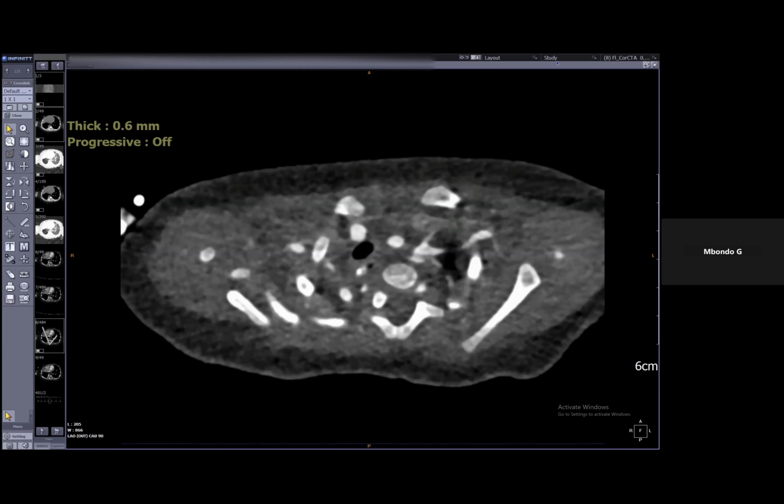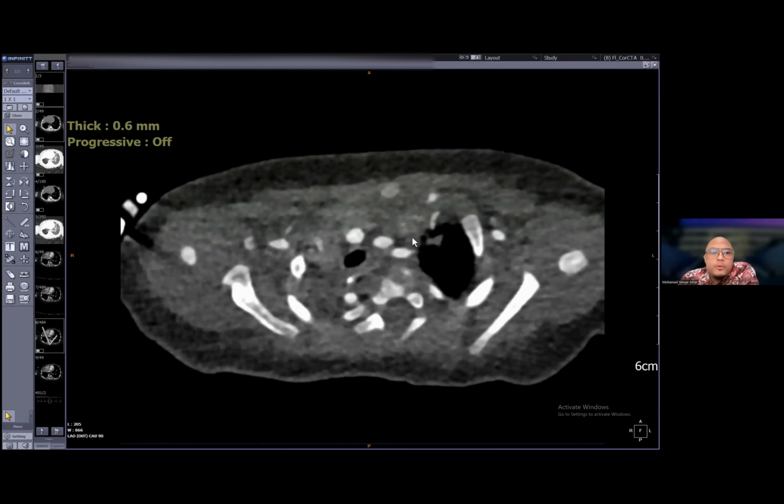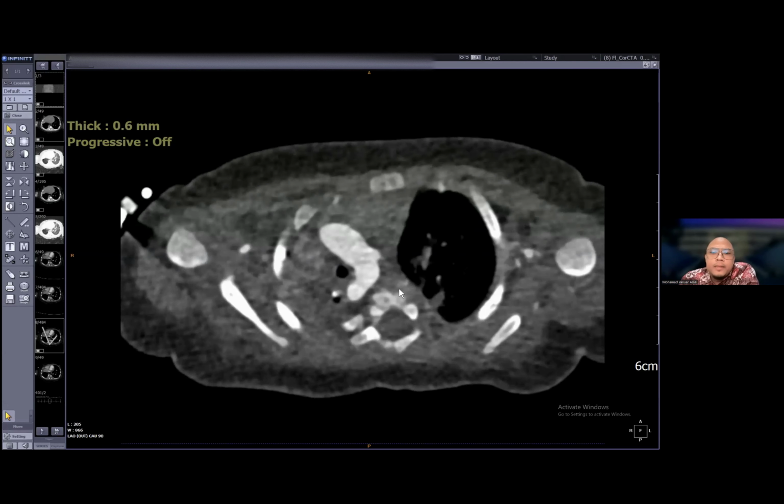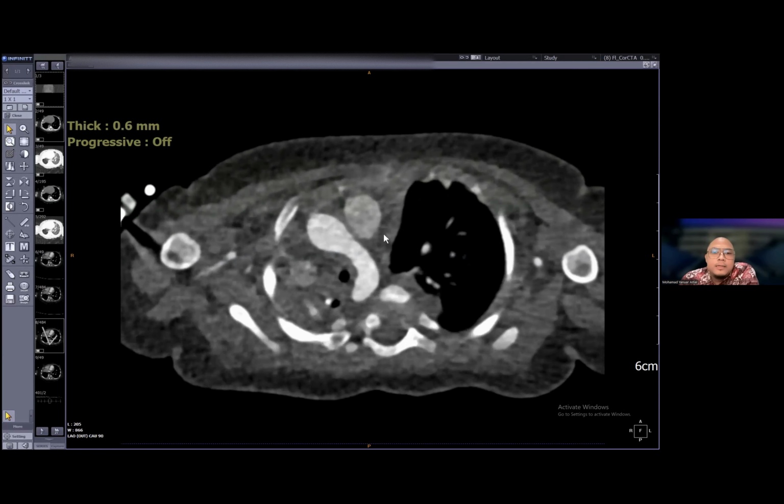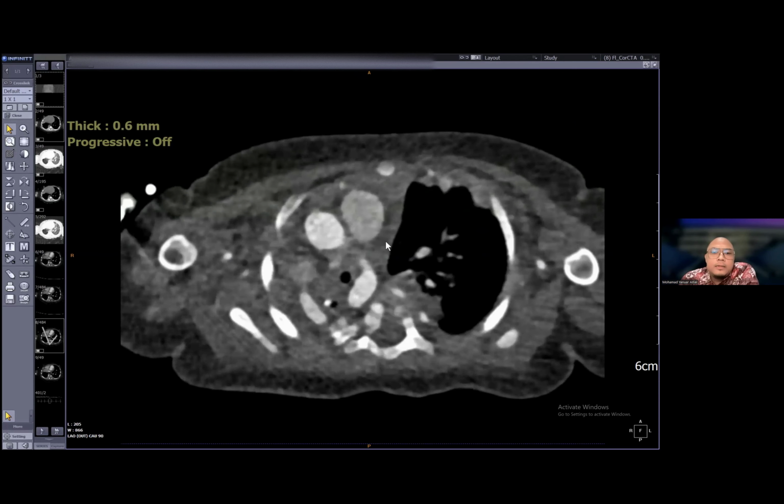When we see the CT scan from the axial projection here, we can see the anomaly of the lungs, and also we can see clearly the great vessels.